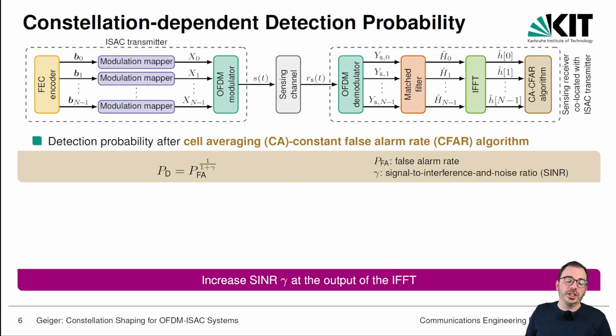So for the detection probability after the CFAR, we find that it only depends on the false alarm rate, which is usually fixed in the design process, and the signal-to-interference-and-noise ratio, SINR, at the input of the CFAR algorithm. So in order to increase the detection probability, we need to increase the SINR at the output of the IFFT.